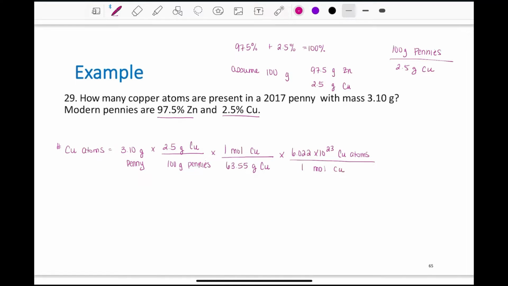Make sure everything's canceling out. So again, I've got grams of pennies to grams of pennies, grams of copper to grams of copper, moles of copper to moles of copper, and I'm left with copper atoms. This gives me 7.34 times 10 to the 20th copper atoms.